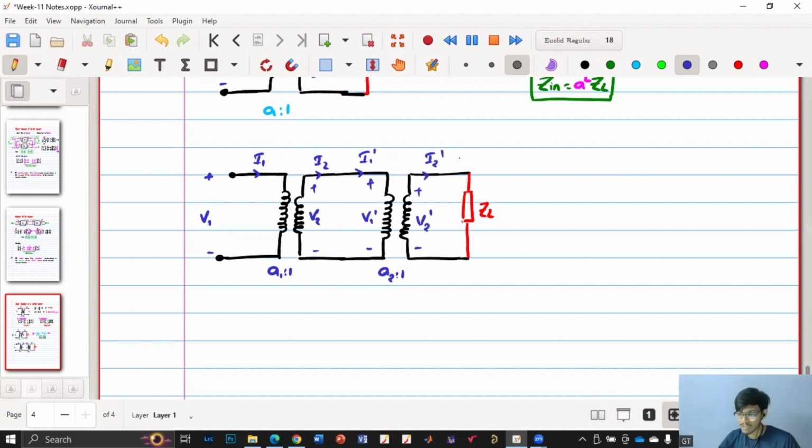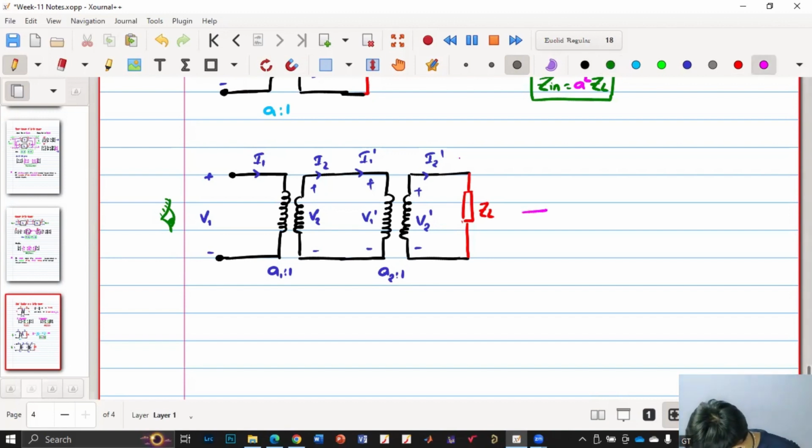So now basically what happens? What is the impedance seen from this side? If I look from this side, what is the input impedance? So that is the question. In order to answer this question, I can say these are connected in a cascaded form. So it's a cascaded two-port network.